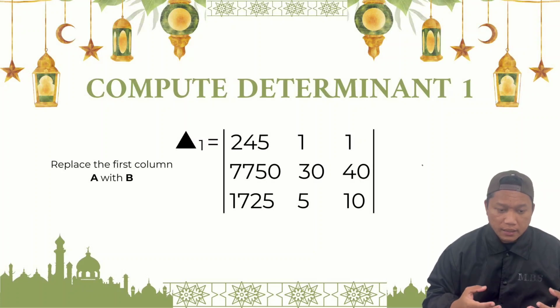Now we will expand along the first row. We expand the determinant using cofactor expansion along the first row.